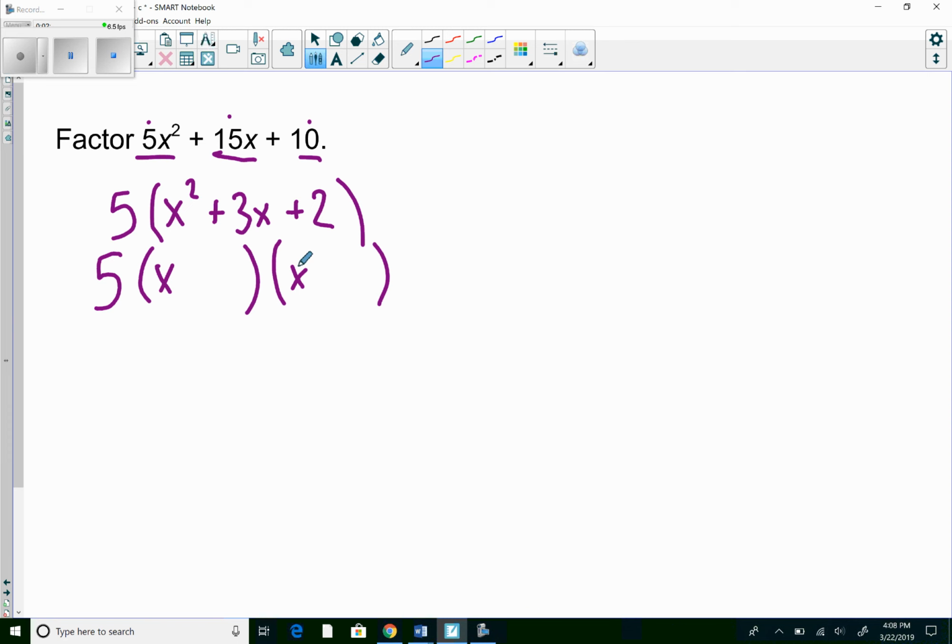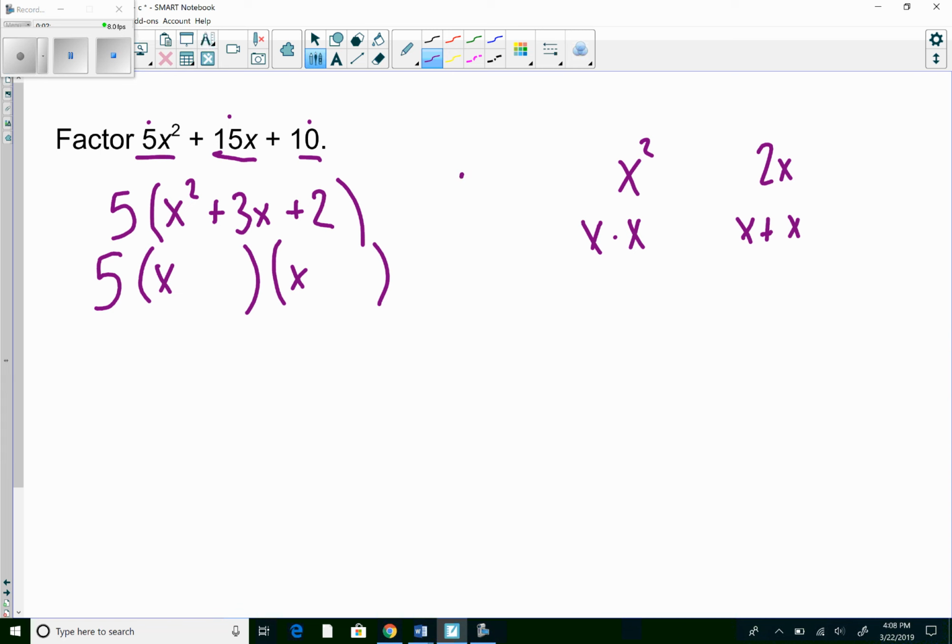I always just start off by writing x and x because I know that x squared turns into x times x. Again, if you learn anything from this year, I want you to remember that x squared is x times x, and that 2x is x plus x. Okay, so let's get that straight.